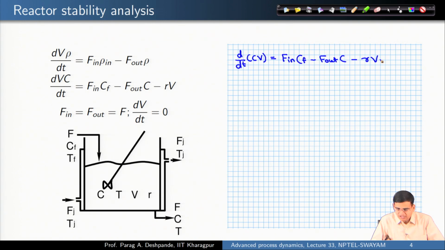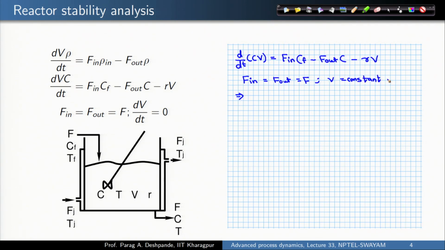Now, we have assumed that F in is equal to F out, which is equal to F, and the volume is constant.